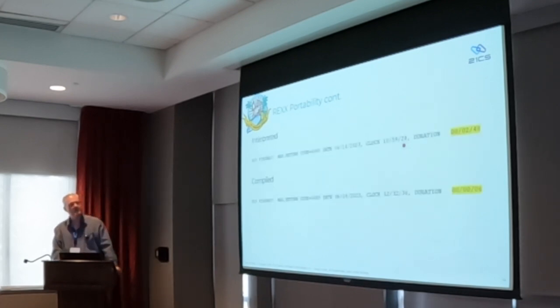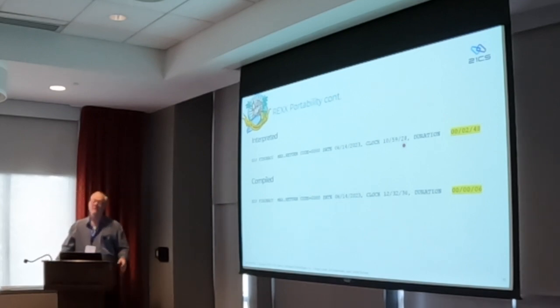But these were the results I got: the interpreted version ran in 2 minutes and 43 seconds, and the compiled version ran in 6 seconds. I thought I could go with this and tell you about it because it was pretty good. I don't know if anybody's using Rex on VSE out there, but this is a way to maybe squeeze some more out of your machine.